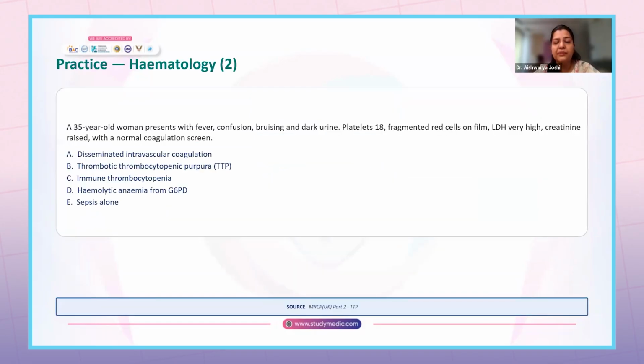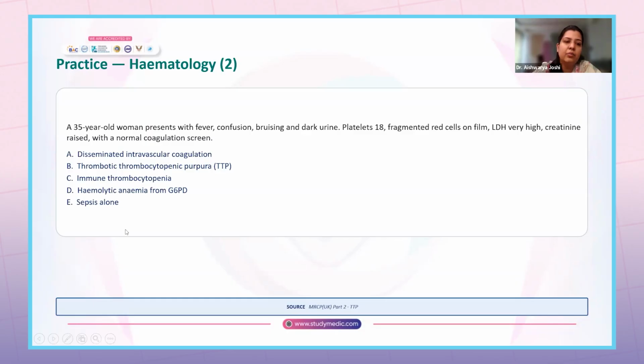A 35-year-old woman presents with fever, confusion, bruising, and dark urine. Platelets are 18,000. Fragmented RBCs are seen on the film. LDH is very high. Creatinine is raised with a normal coagulation screen. What is the diagnosis? Is it DIC, TTP, immune thrombocytopenia, hemolytic anemia from G6PD, or sepsis alone?